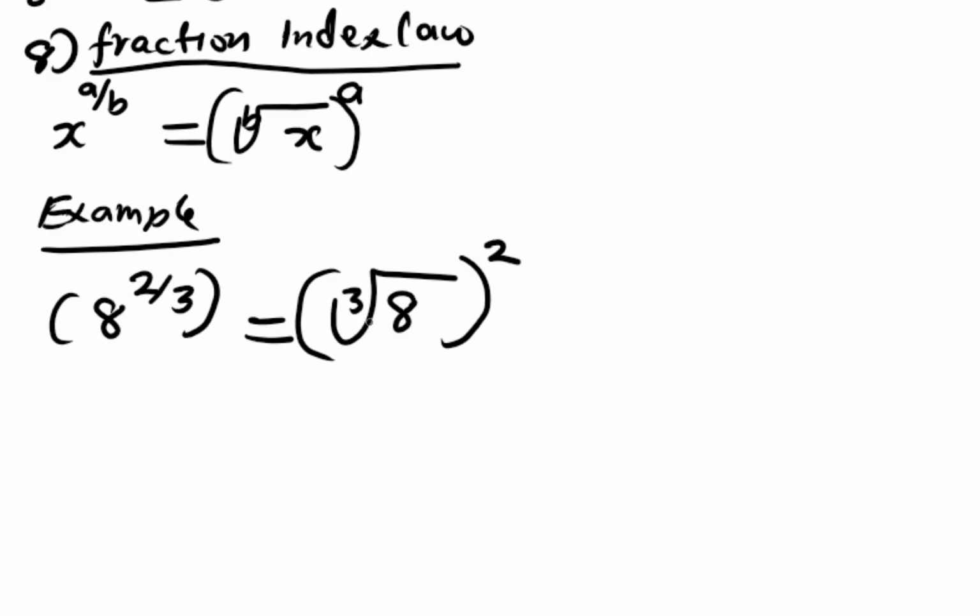So this will give us the third root of 8 raised to the power of 2. First of all, you solve what is inside the bracket. The third root of 8 is 2. Then we have 2 raised to the power of 2, which will give us 4. So this is the answer.